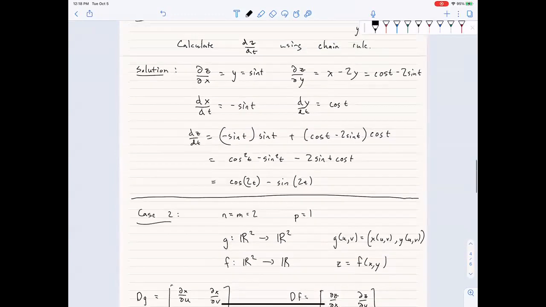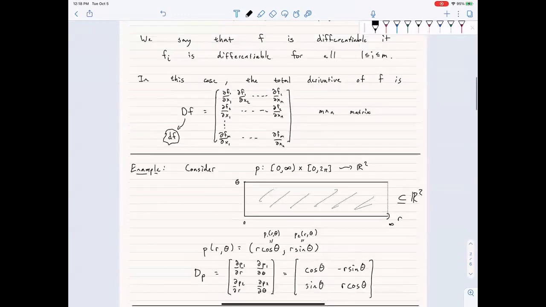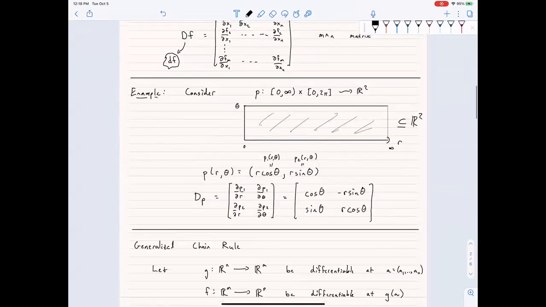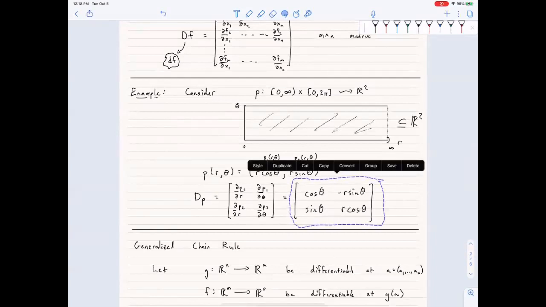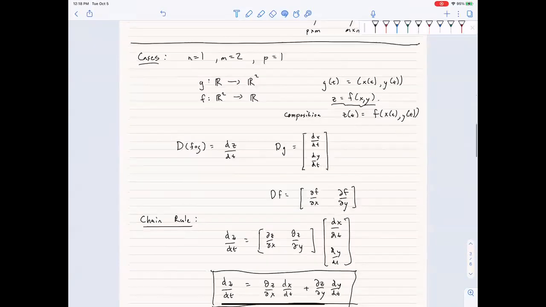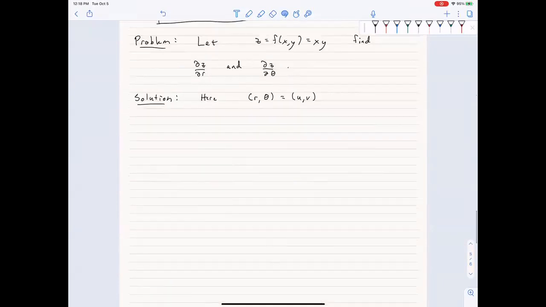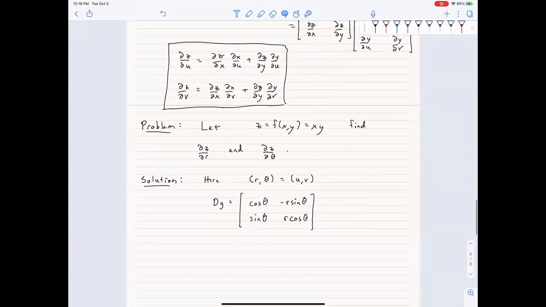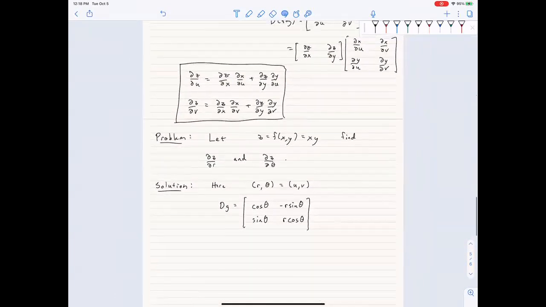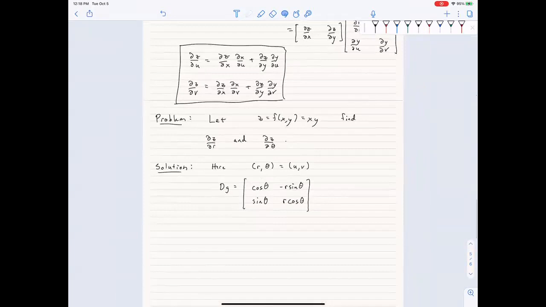Let's use our work. I know it's a long time ago, but we can remember it. So our dg here is precisely this matrix.